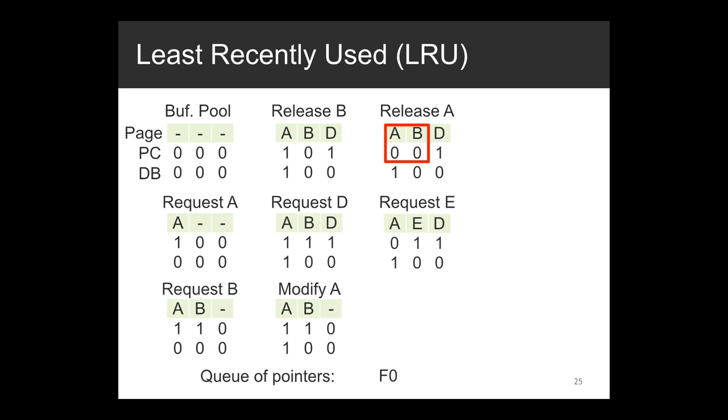Okay, so now in your queue of pointers, F1 has been evicted because it's now occupied by E, where the pin count is 1. A request for C comes in, the queue has only one entry, and the only place you can read C into is the frame with A in it. But unfortunately, there is an issue now. The dirty bit for that frame has been set to 1.